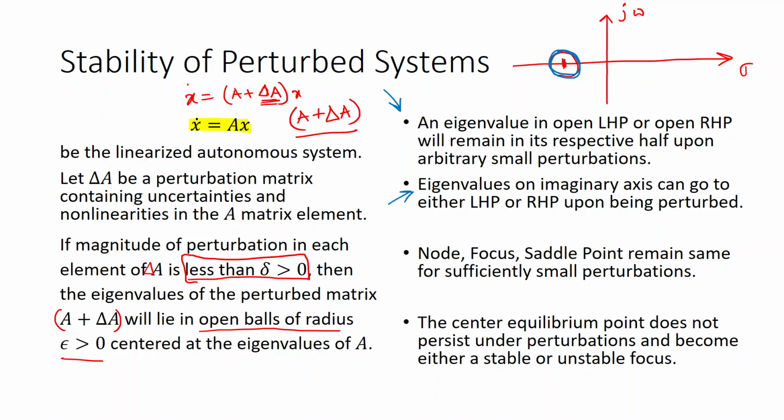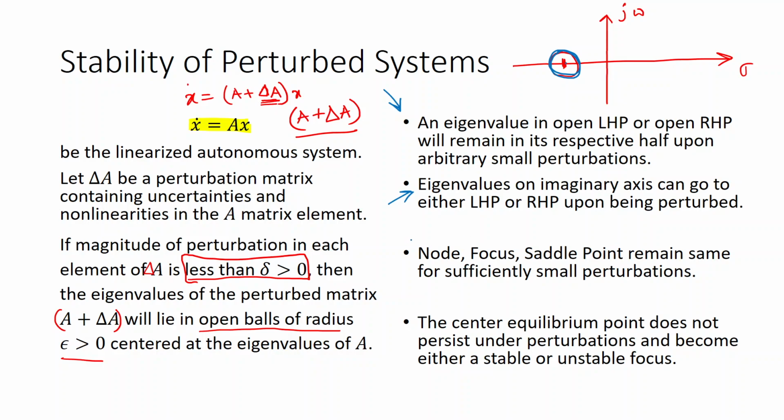So it can go either way, it can go anywhere in the ball. Basically the ball constitutes any direction, so it can go to the left half plane or the right half plane. So there is a possibility of the eigenvalue losing its nature of being on the imaginary axis. If this happens, then what is the consequence?